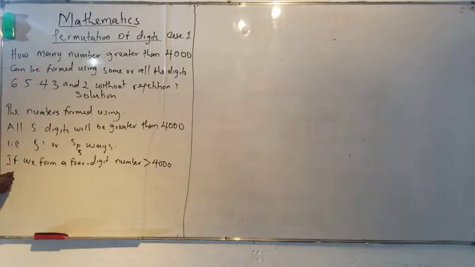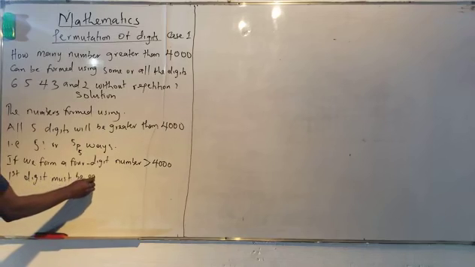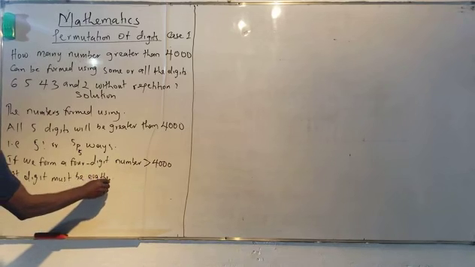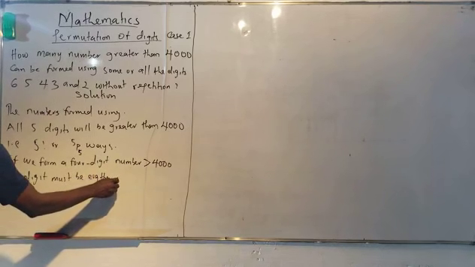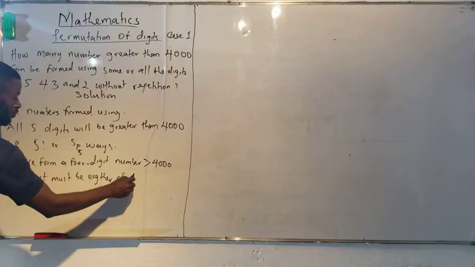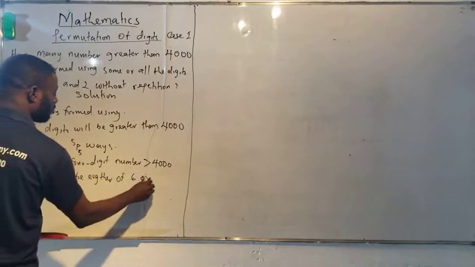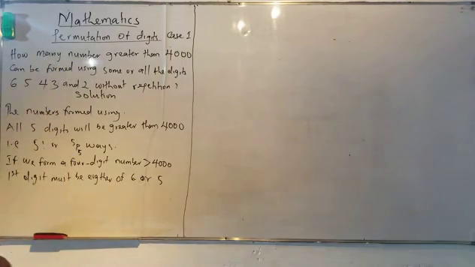Now, the first digit must be either 6 or 5, because these two digits are greater than 4,000.